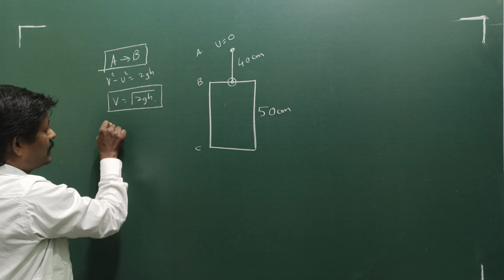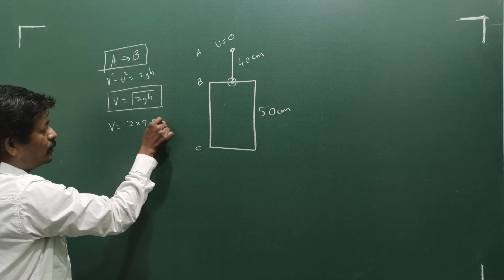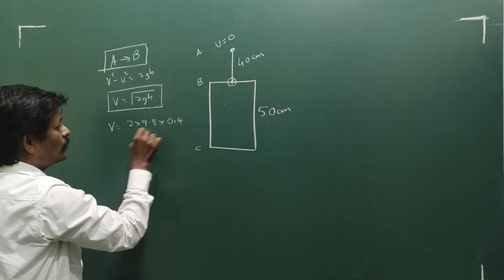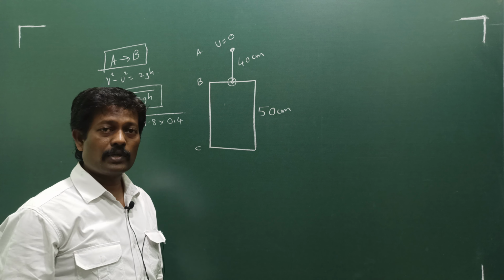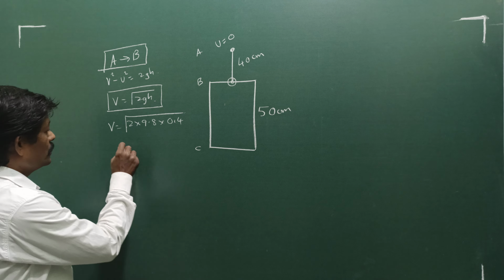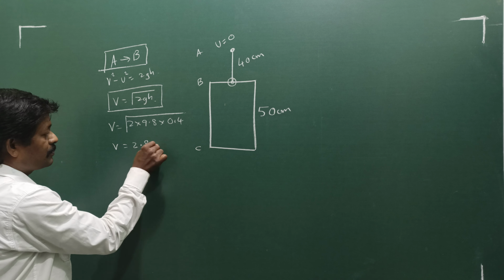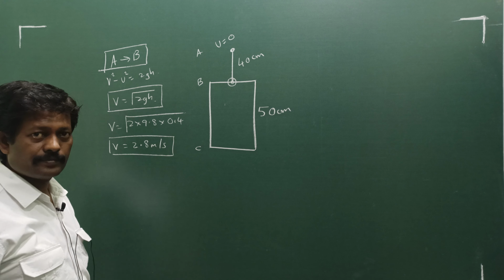From this formula I can apply 2 into 9.8 into height from A to B, which is 0.4 meter. 40 centimeters, you should be very careful to convert to meters. So this comes to v equal to 2.8 meters per second. So this is the velocity at point B.